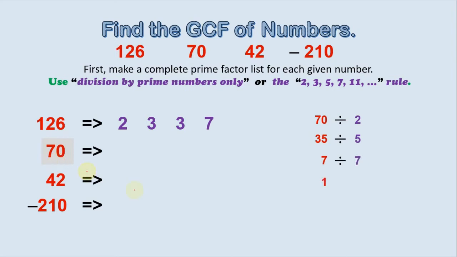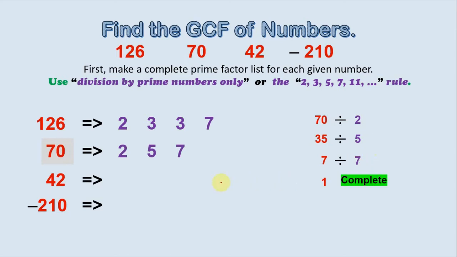Now, reaching 1 or -1 means that the prime factor list is complete. Now, we can list down the prime factors of 70, which are 2, 5, and 7.